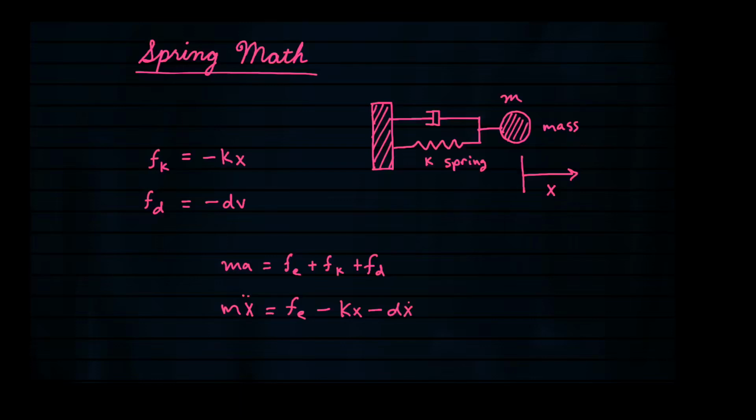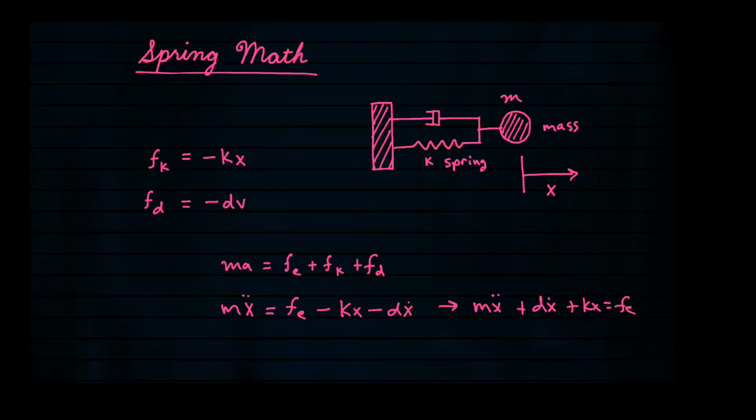And this is going to turn into a differential equation here. So we could say that m x double prime plus d x prime plus kx equals some external force.